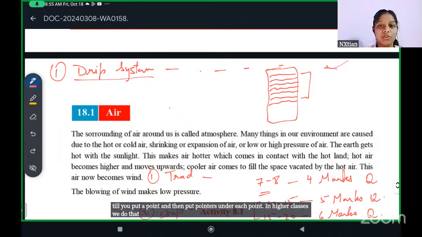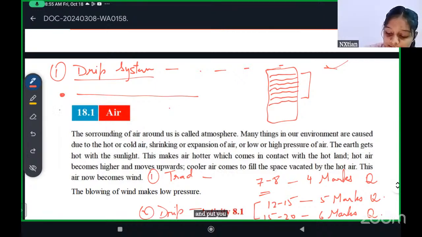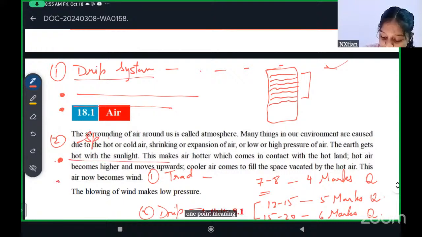Yes, you can do it. Put one point, then the meaning, then the example. Then put the sprinkler system: 1 point, meaning, then example. This way also you can do.